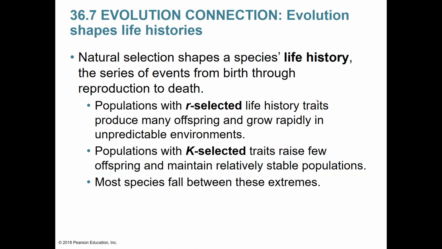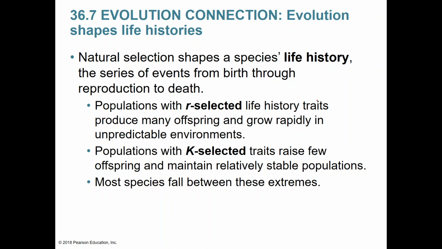Evolution can also shape these patterns that we see. Natural selection can give a species a particular type of life history, which is a series of events, what happens to a species from birth through reproduction and to death.